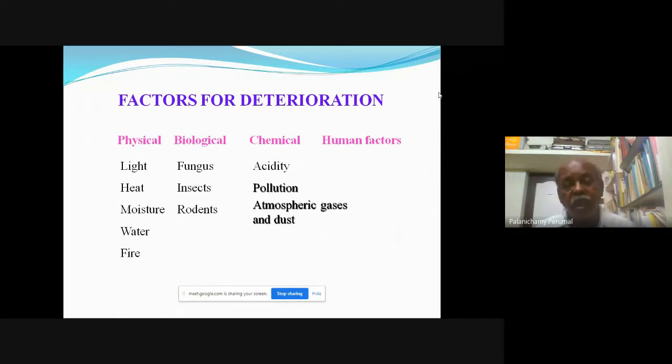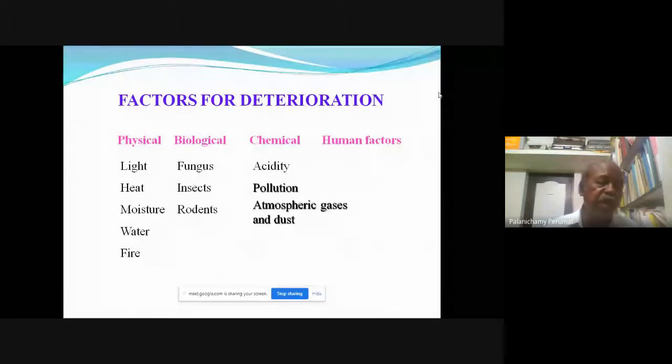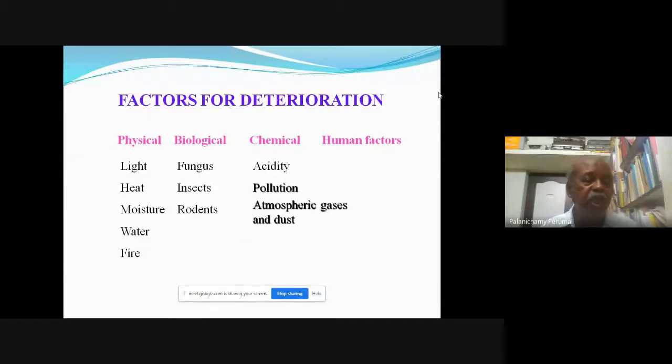That's why Ranganathan suggested arranging the stack room east-west, so the light falls from one end to the other, and there will be no need of much electrical light also.